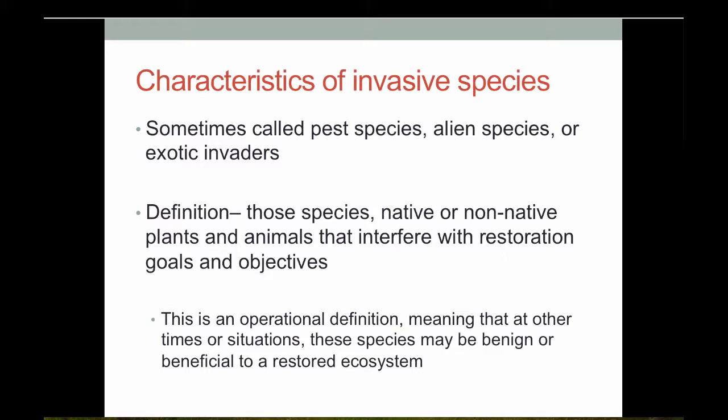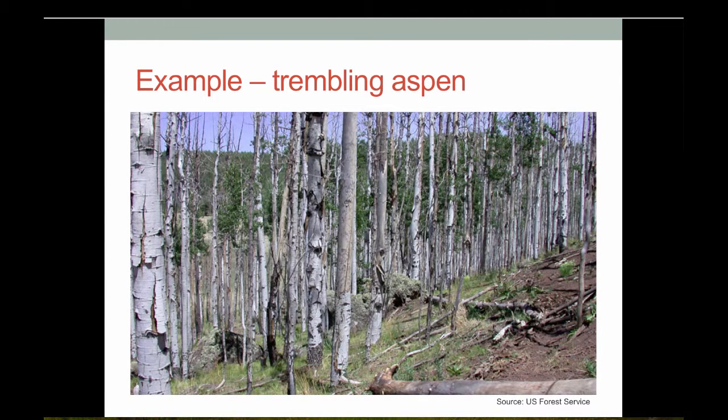So we need to think about this from where we're coming from and how that species is interacting specifically with our restoration plan. An example of a native species that in western parts of the United States, or even in the northern lake states, can be detrimental to some of your restoration plans is trembling aspen, Populus tremuloides.